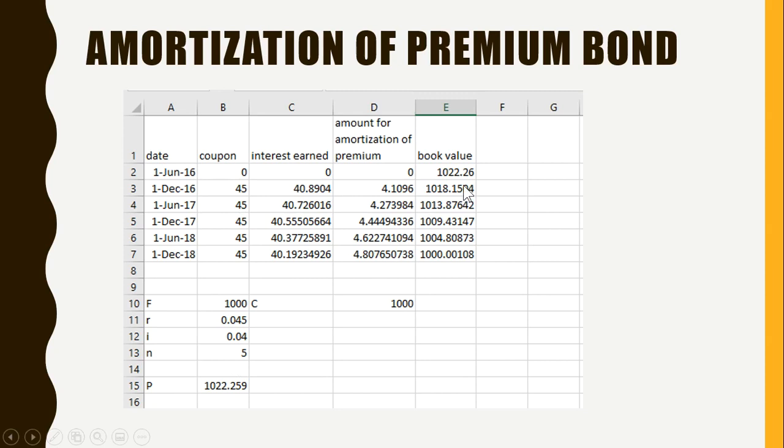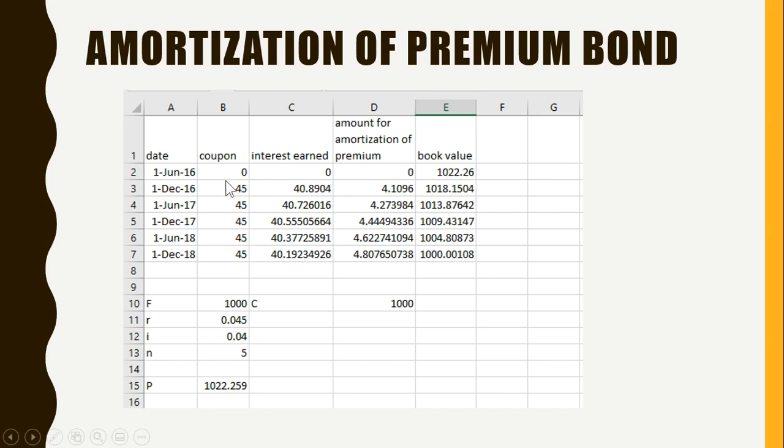Now we have to find the bond price to determine whether this is a premium bond or a discount bond. So we substitute the information into the first formula. We calculate that the selling price is 1,022 ringgit and 25 cents, which is more than the par value, so this is a premium bond.